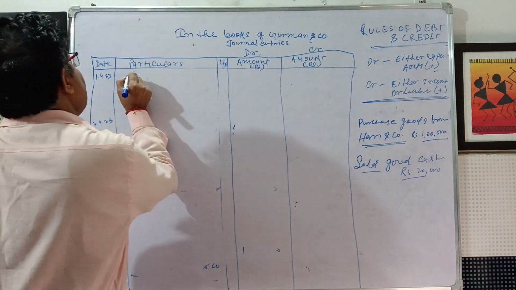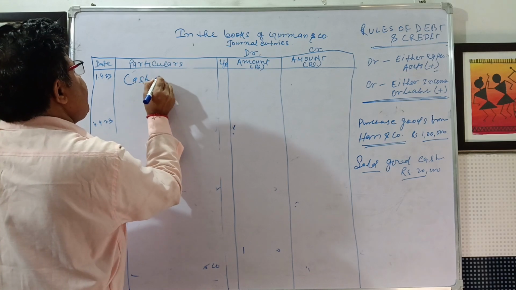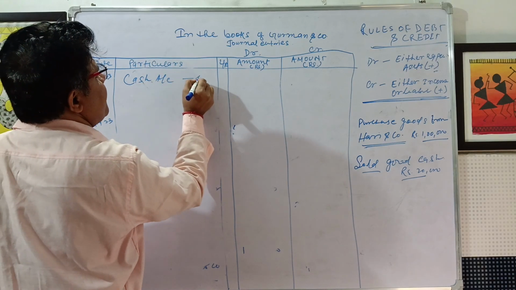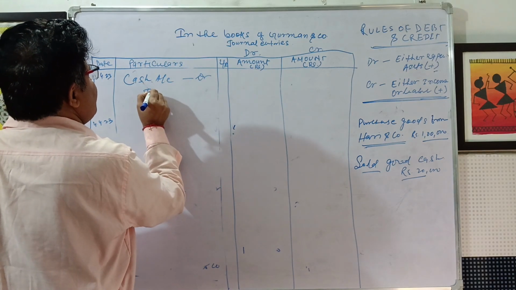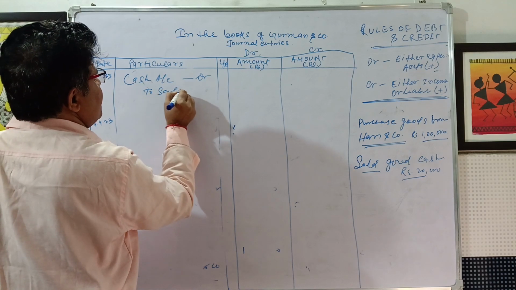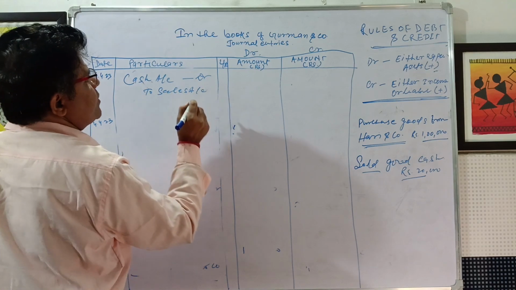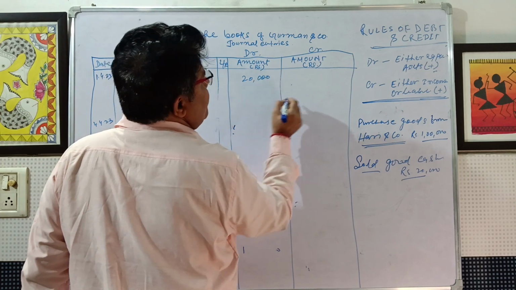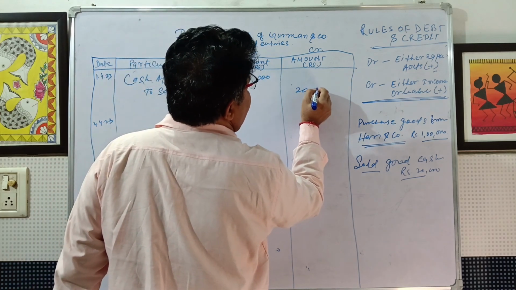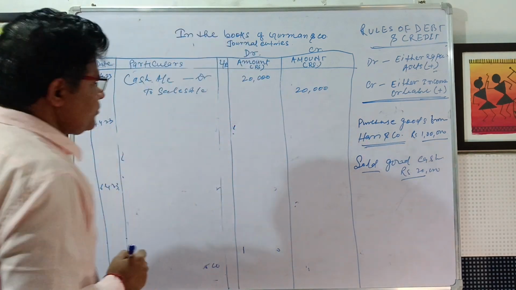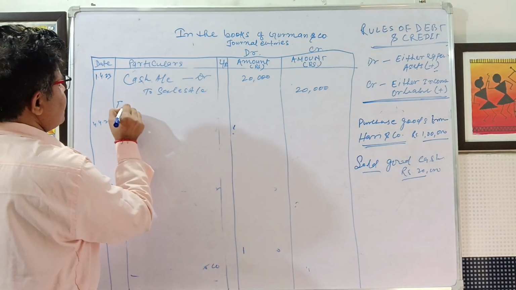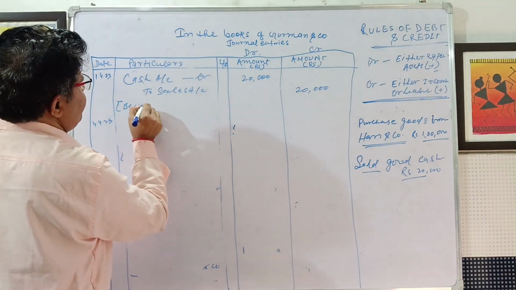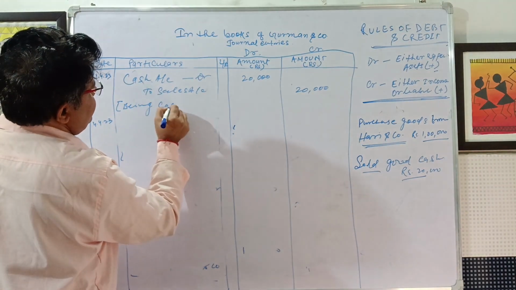So cash account debit to sales account. How much? 20,000. Being cash sales.